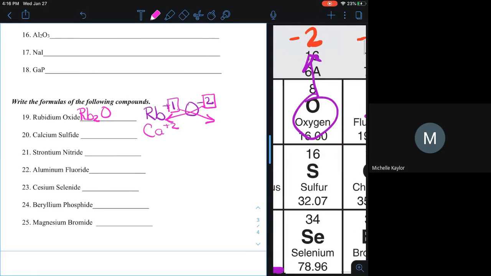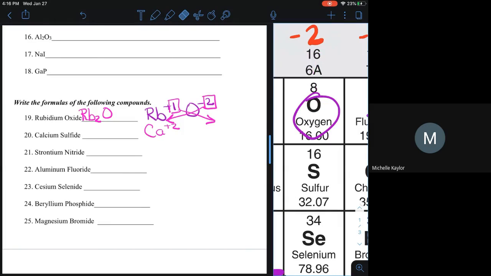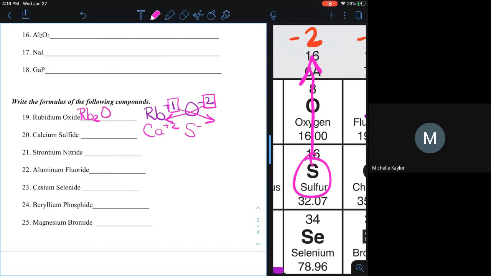So I'm going to find sulfur on the periodic table. It's number 16. I look, its charge is -2. So sulfur is S -2. When the charges are the same, calcium's +2 and sulfur's -2, they're both the same, just opposite charges. The numbers cancel out and you just end up with one of each. So it would be just CaS.